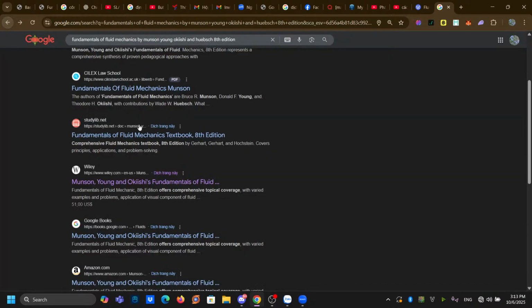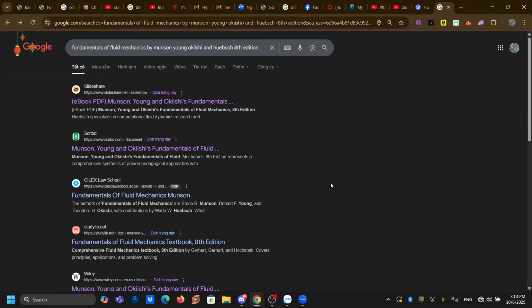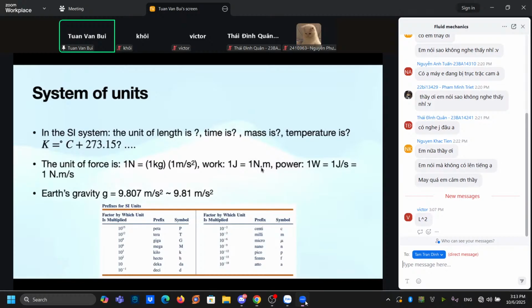So when you apply a force to an object that moves a distance of 1 meter, the work you have done is 1 joule. Simple. Or the power, 1 watt equals 1 joule per second, or equivalently 1 Newton multiplied by meter per second.